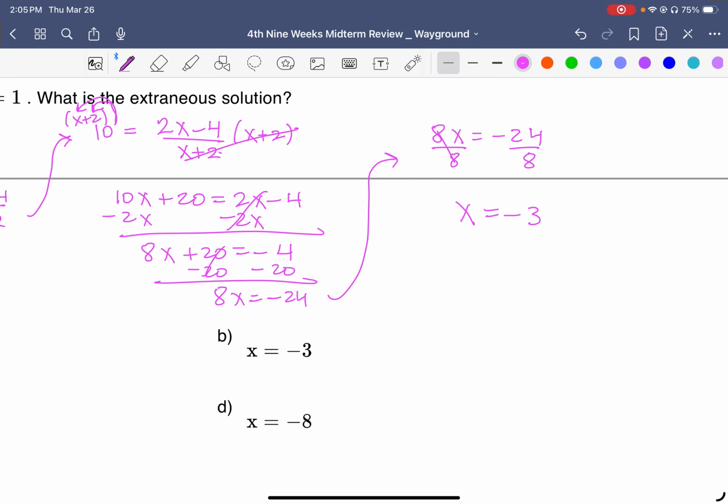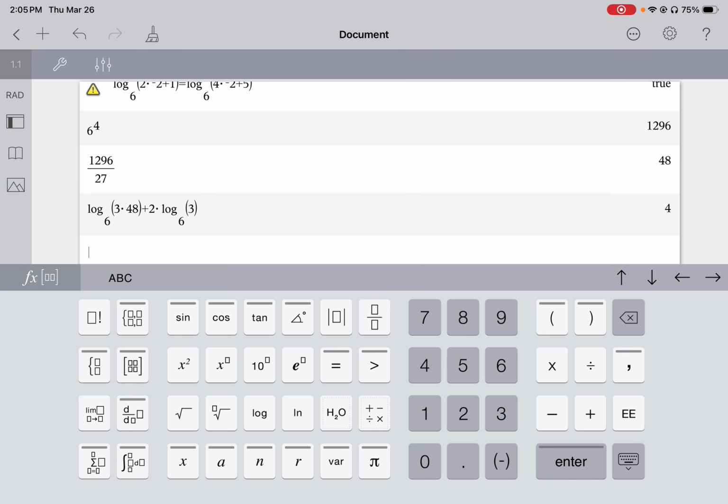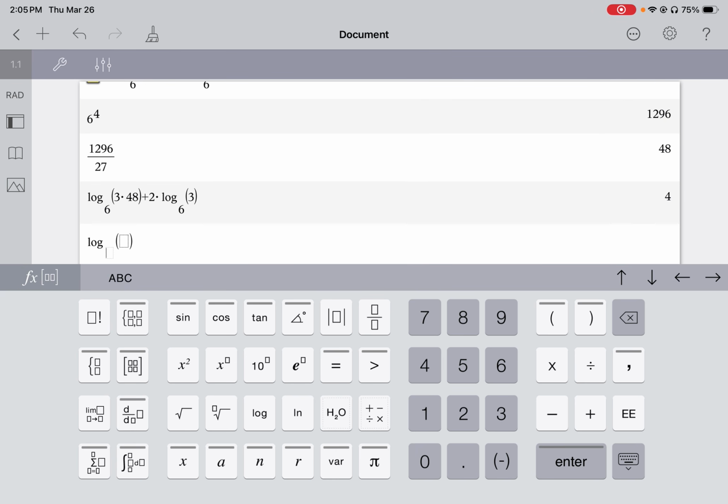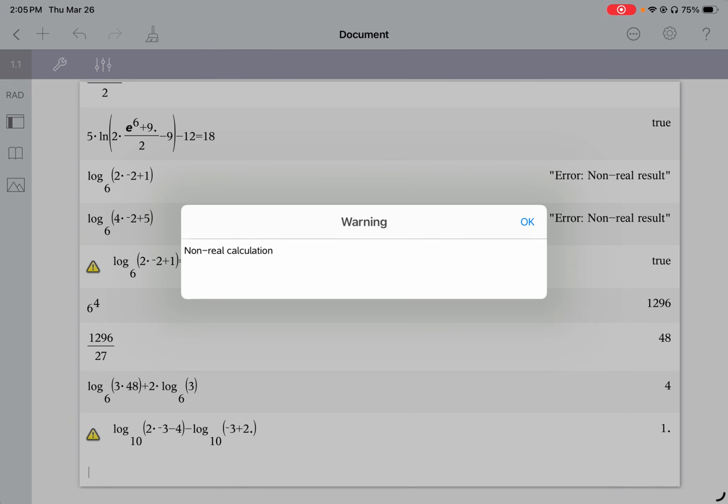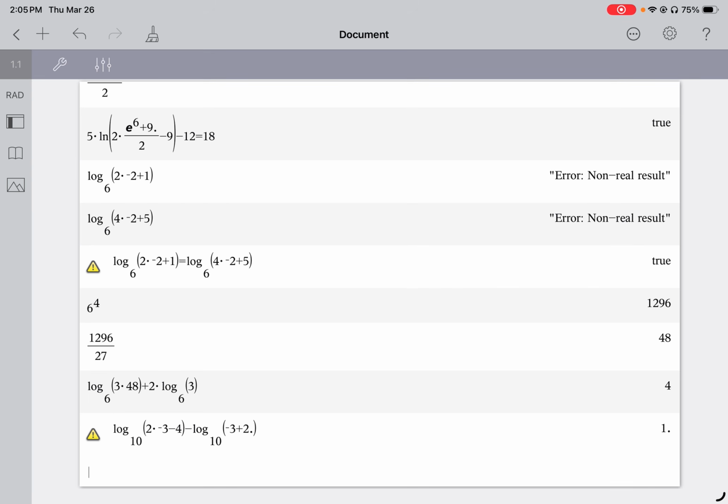I should have put the decimal when I started. Okay. So it was log base 10 of 2 times negative 3 minus 4 minus log base 10 of negative 3 plus 2, and I'm going to put the period so that it comes out as a decimal. And it says that the answer is 1, but then it says it's not a real calculation.